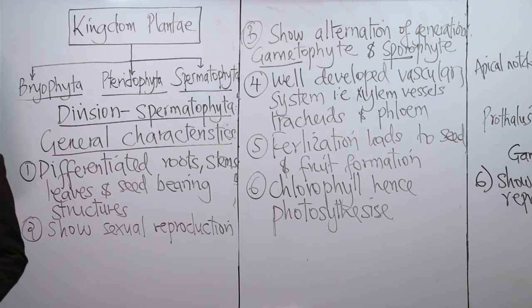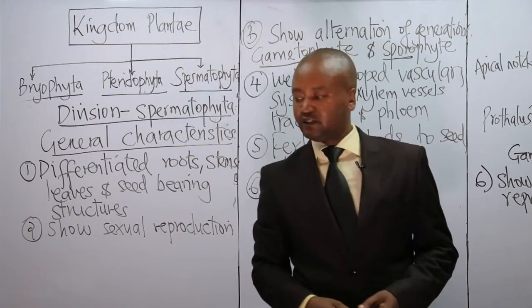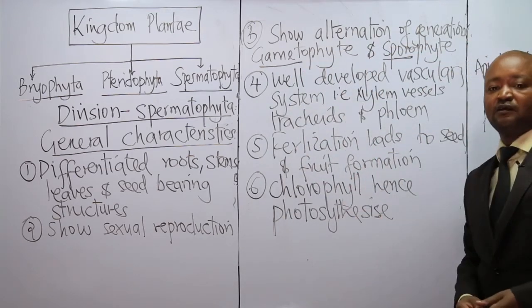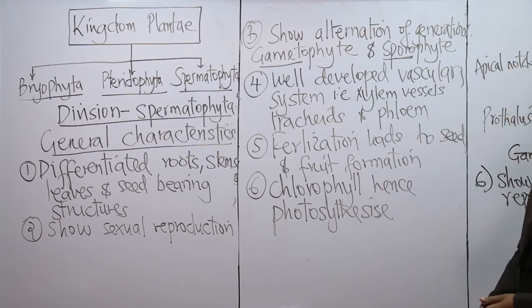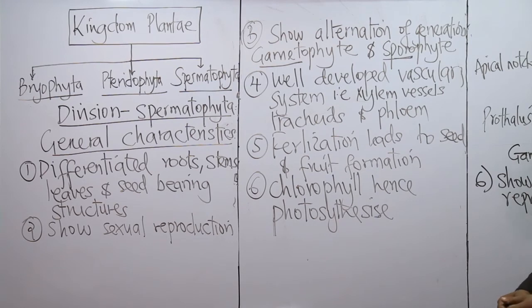And it must be noted that this division is further subdivided into two subdivisions, which we will look at later. So these are some of the general characteristics of members of Pteridophyta. We are going to look at some of the members when we go down to the subdivision. Even within the same division, it is also subdivided. That's what we are going to look at in the next lesson.